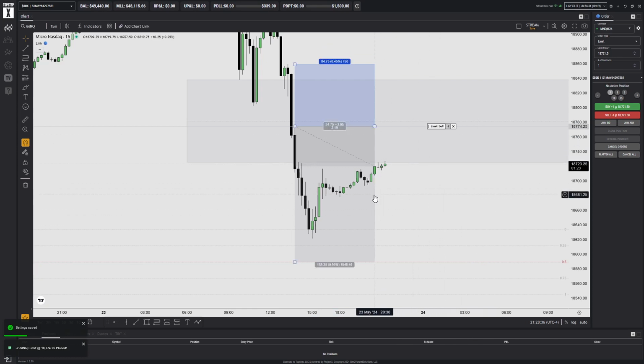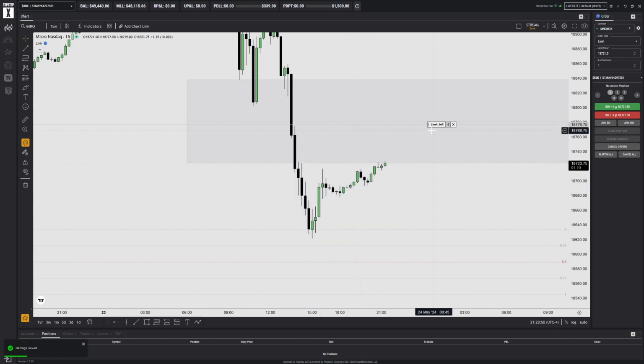This is micro contracts, okay? So I'm gonna short 2 contracts here, maybe slightly above. Right here, and then I'm just going to let the day play out.